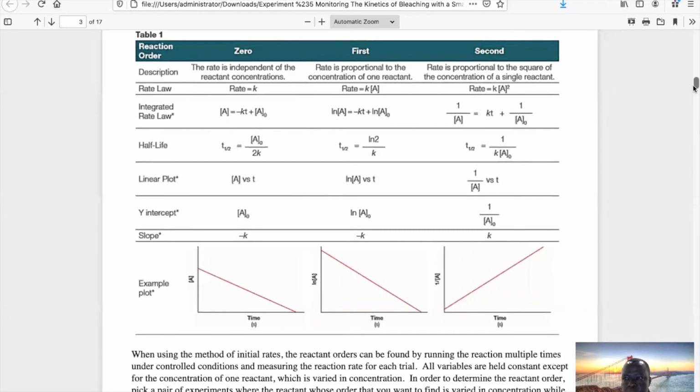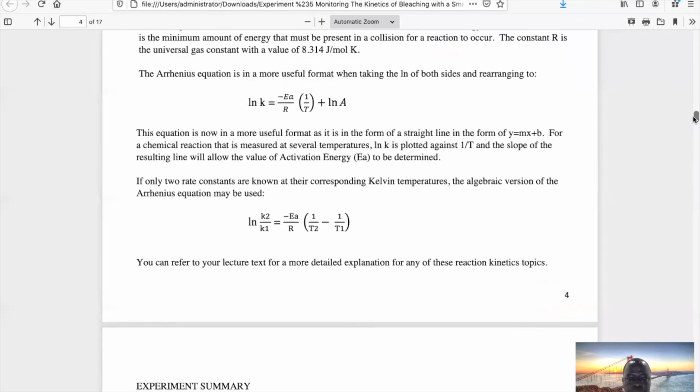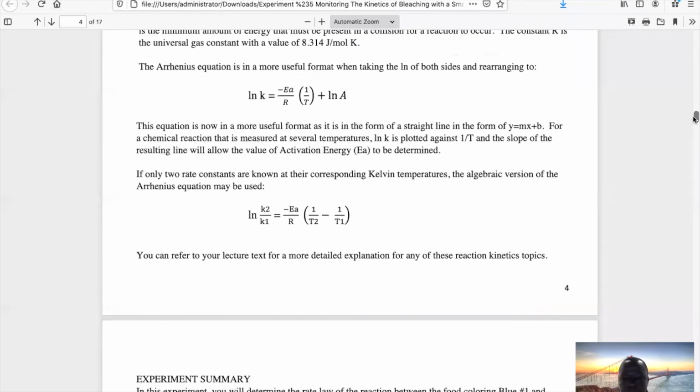Let me just make sure I give you the right equation. I think there is a negative in the form. This is the Arrhenius equation you will use to find this term right here. Remember, there is the negative sign.